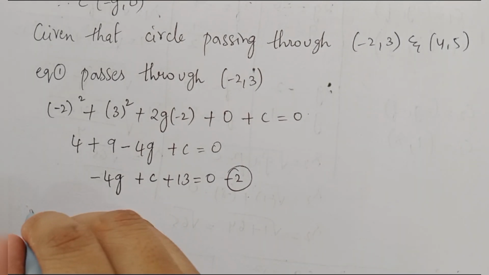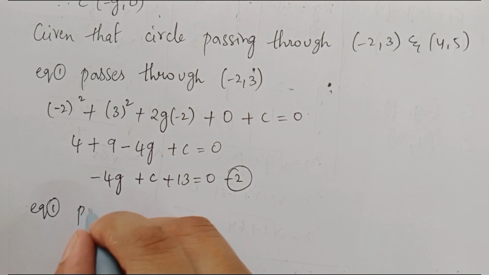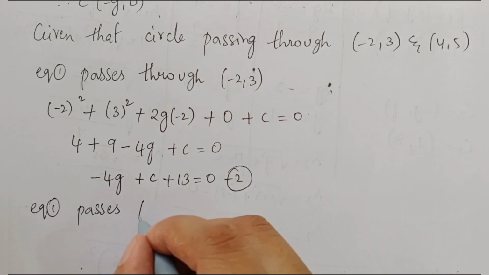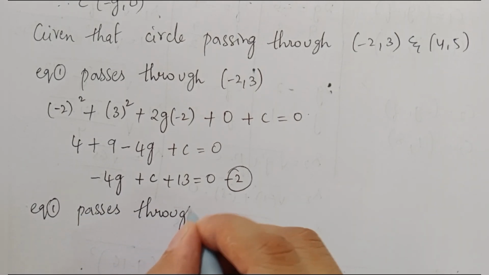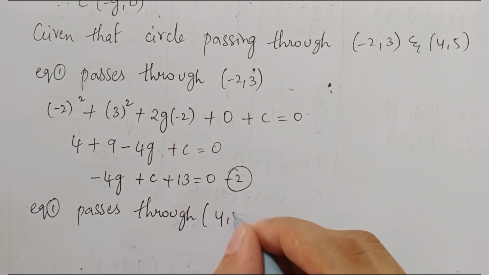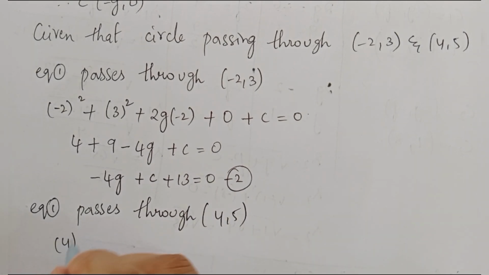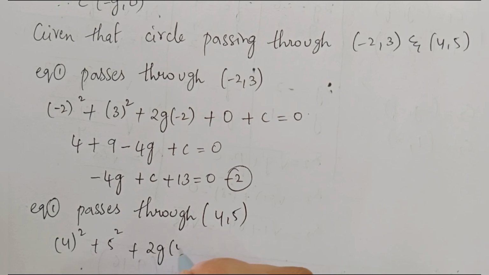Now again, the other point we need to substitute. Equation 1 passes through (4, 5). So we get 4² + 5² + 2g(4) + 0 + c = 0.